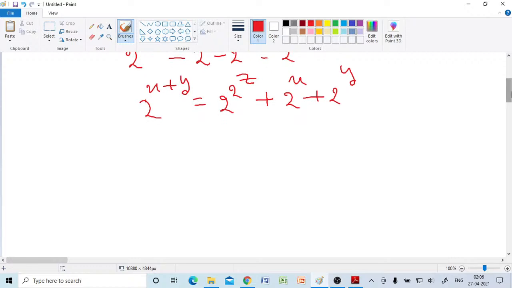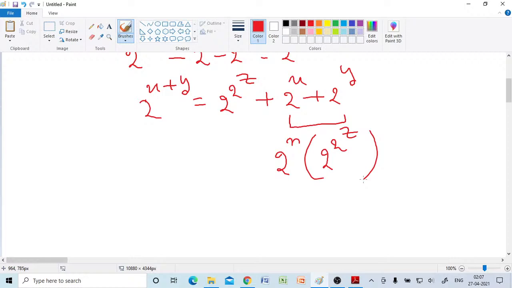If we add something with 2's power and we expect to get a 2's power back, what does it mean? There's only one thing that's possible, that is this entity is equal to some 2 to the power of n times 2 to the power of 2 to the power of z, because that is the only case where if we add two multiples of powers of 2 we get a power of 2 as a result. This is the only possible case.